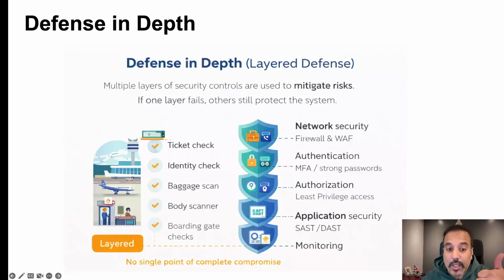Then you have authentication, MFA, strong passwords, and authorization, where the least privilege concept, which we just discussed, comes into play, so that the process or person is given only the access which they need. Secure coding practices, SAST and DAST scanning, you are doing that, and then monitoring, logging, and alerting. So these are all the layers you can add in your application to make it more secure.